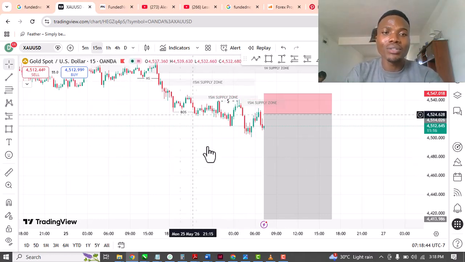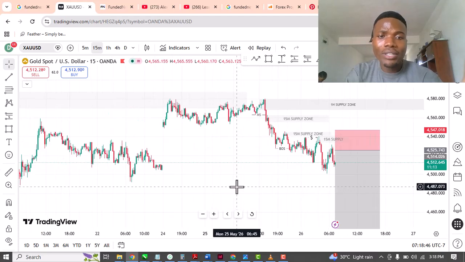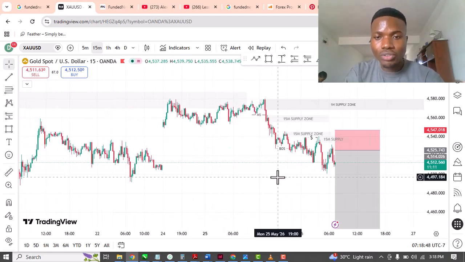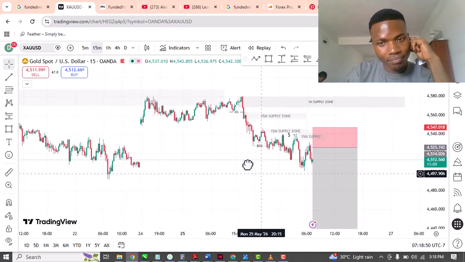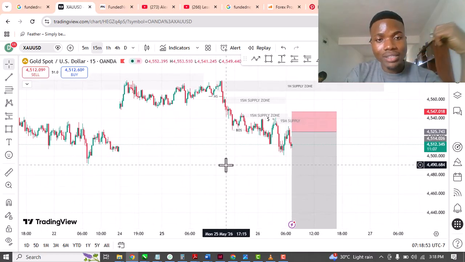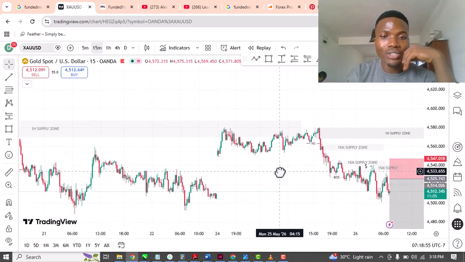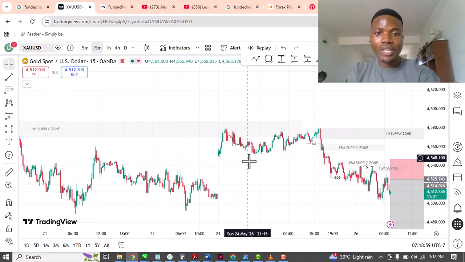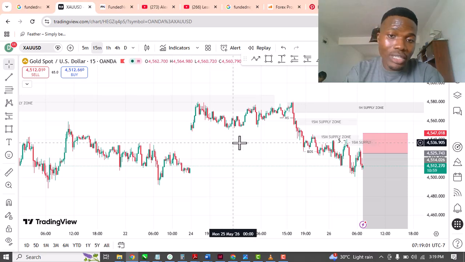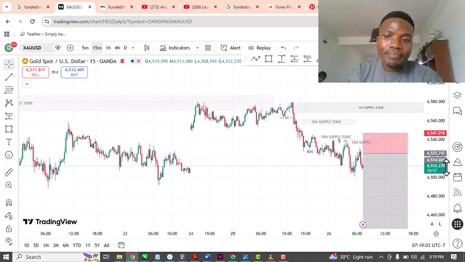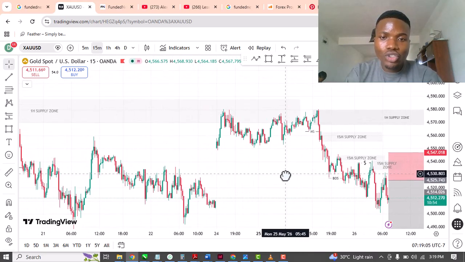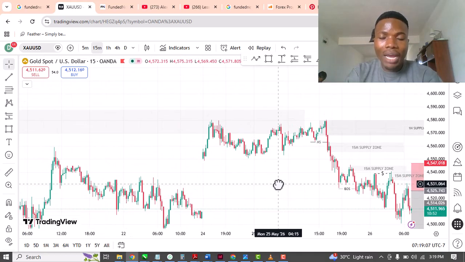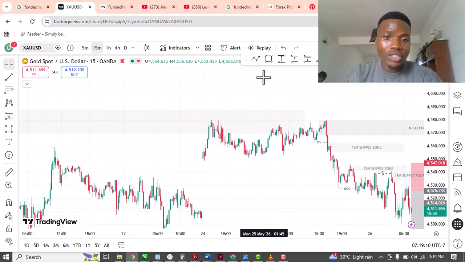All right, so what I actually discovered on this trade is that I actually waited. Yesterday, I saw that price was consolidating around this zone, and I wanted price to show me a break out of this consolidation.